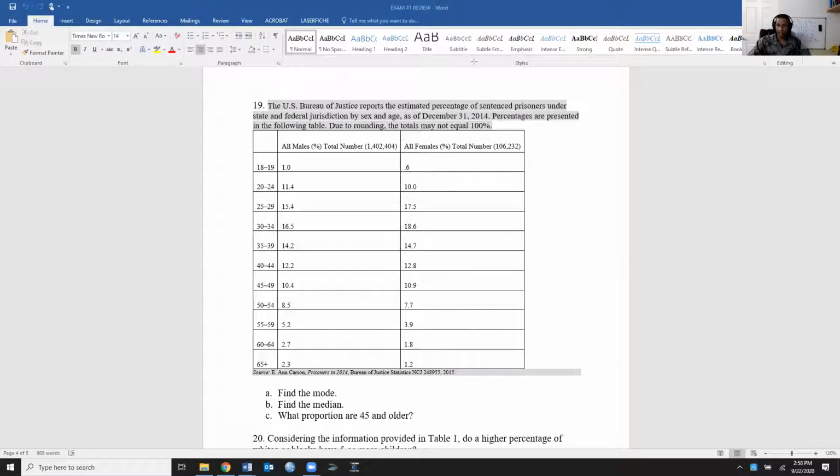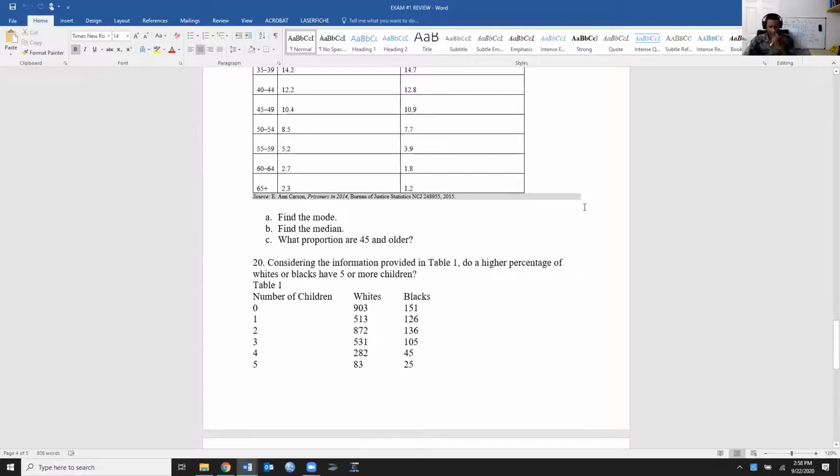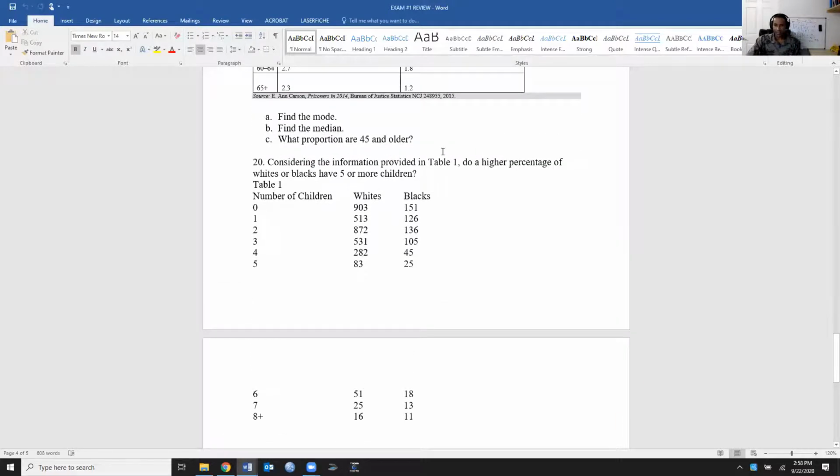All right, so I think the last one is, okay, so what we're going to do here, let's get extends into the next one. What we're going to do is try to find, considering the information in table 1, do a higher percentage of Blacks have 5 or more children? Okay, so that's the question.